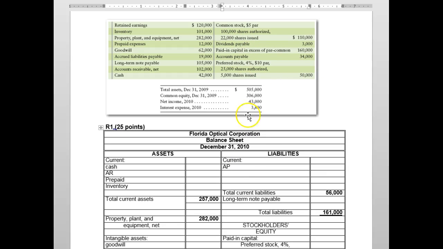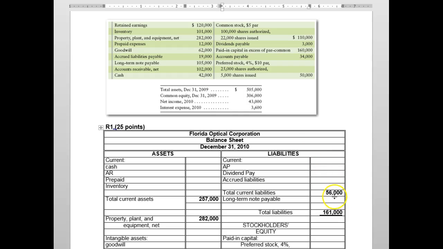Dividends payable would go in there, because that's definitely going to be paid within the year, probably within the month, quite honestly. And you have something called accrued liabilities, which are more than likely payroll that has to be paid within the week. So those are your current liabilities.